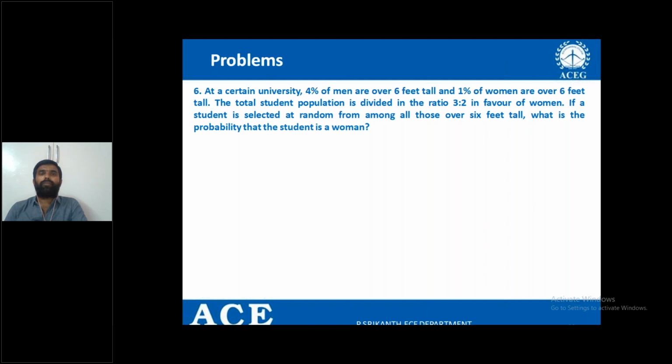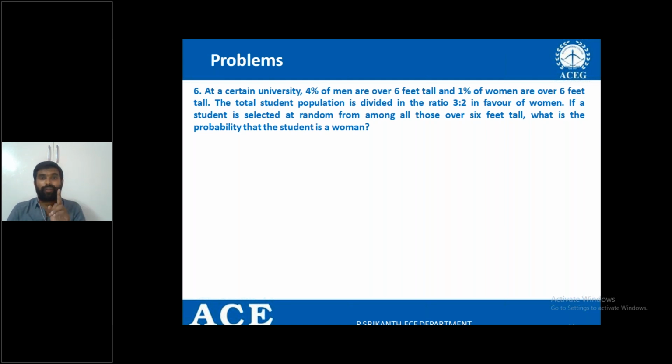The total student population is divided in the ratio 3:2 in favor of women. That is, out of 5 students, if you select, 3 are female students and 2 are male students. Why?